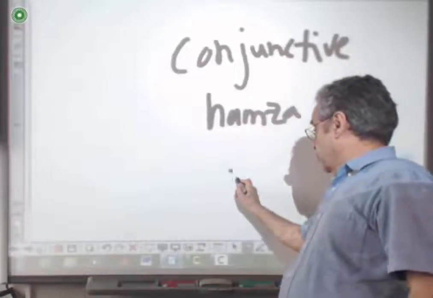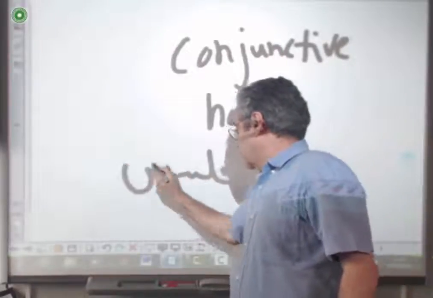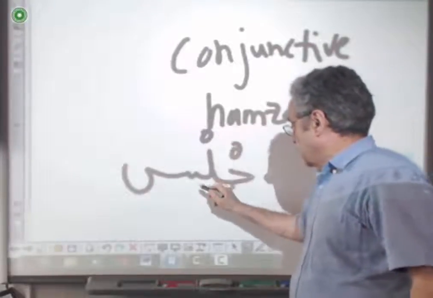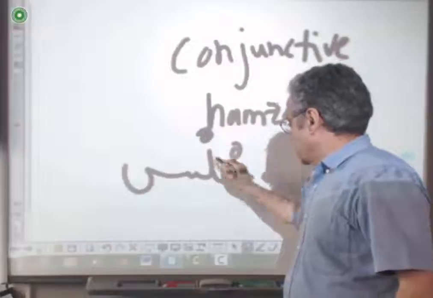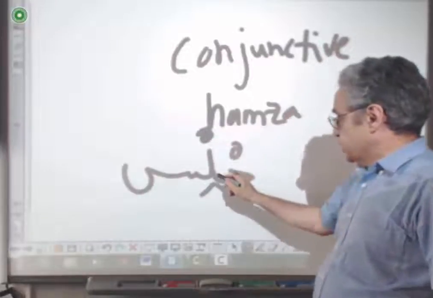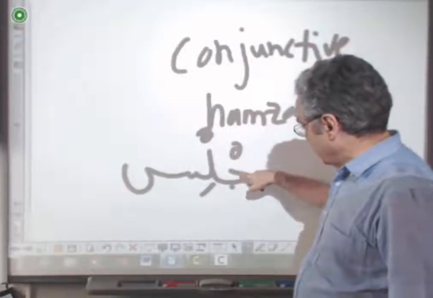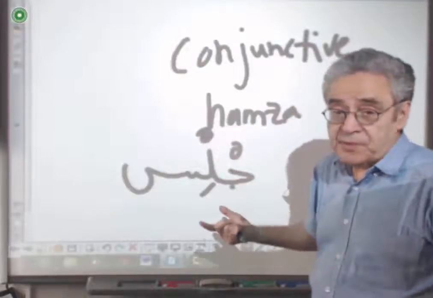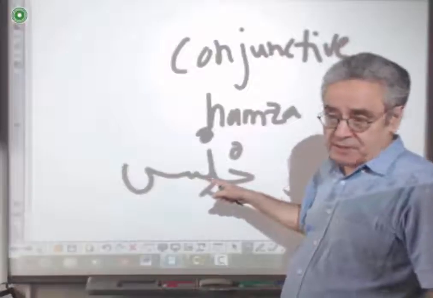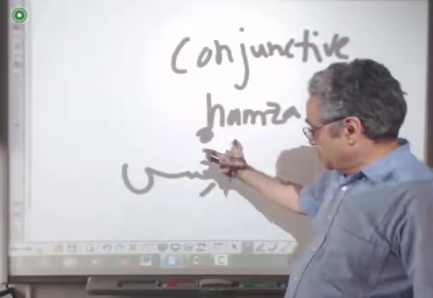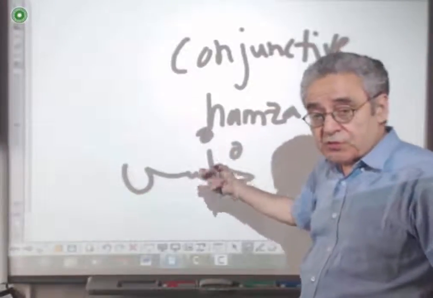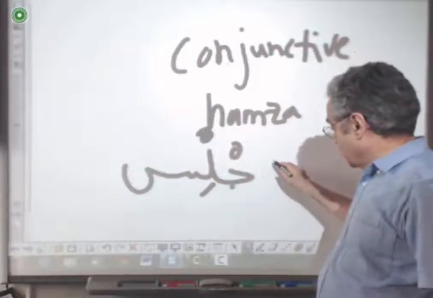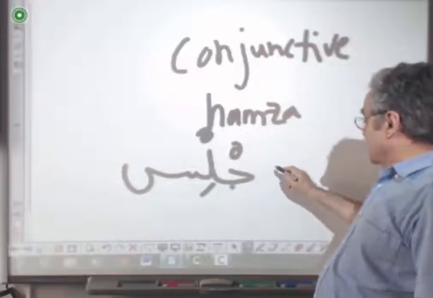Or if I take, for example, the word for sit down, jlis, we have the jim and lam, two consonants together. The Arabs cannot pronounce jlis. So to solve these phonetic problems, they said we can put what we call the conjunctive hamza.